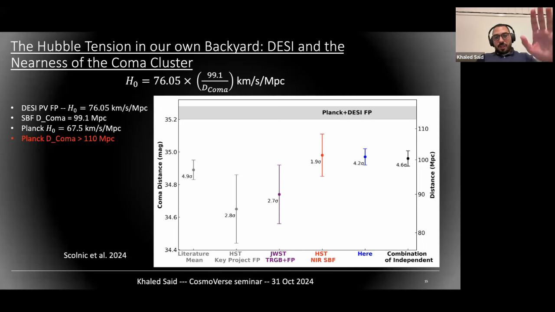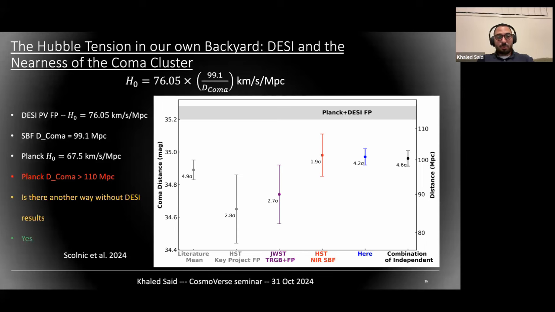Okay, so I would love to take credit for this, that our DESI measurement is doing anything in this, but actually the question is, is there any other way to do this measurement without DESI? And the answer is yes, we can get to the same results without DESI at all.